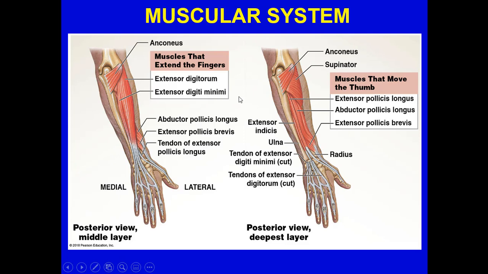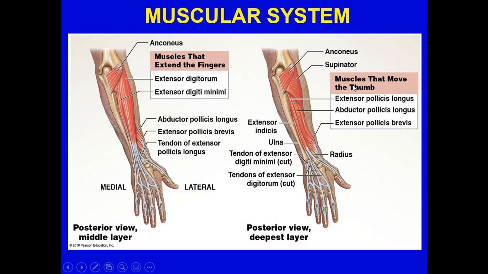So minimi, small finger. We have, of course, the abductor pollicis longus, the extensor pollicis brevis right here. And then the tendon of the extensor pollicis longus is right over here. So this plays a role in the movement of the thumb.